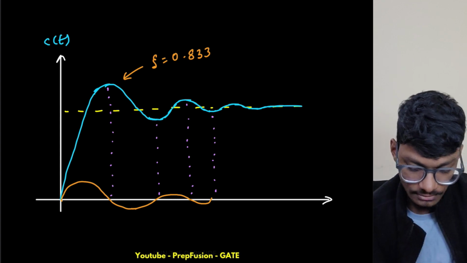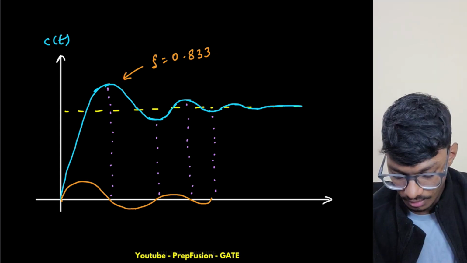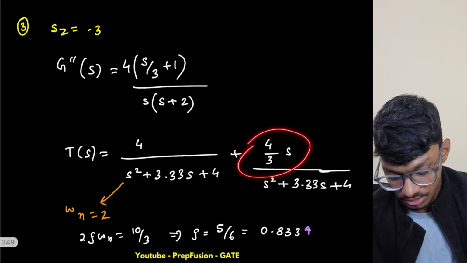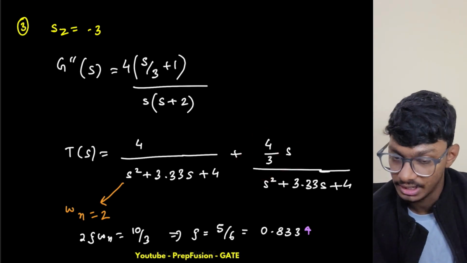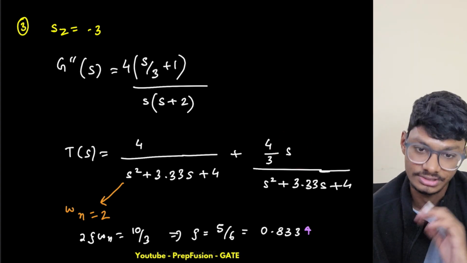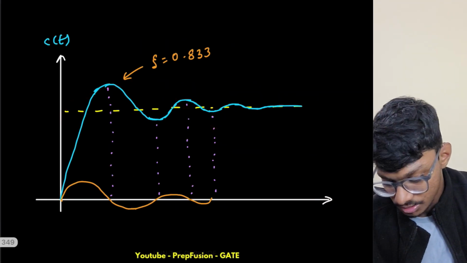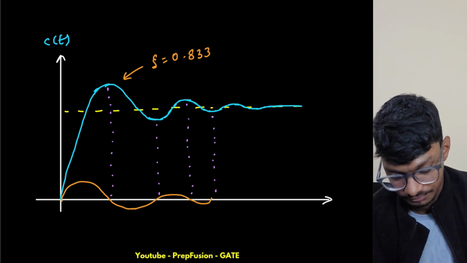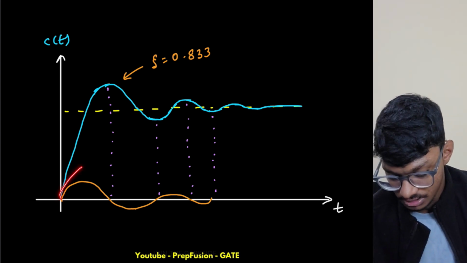Now what was that response? That response is simply the differentiation. A multiplication by s is simply differentiation in the time domain.